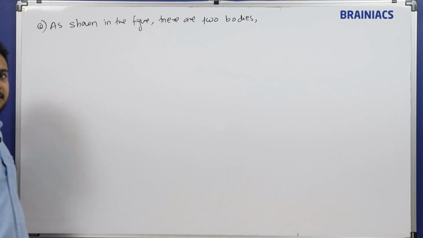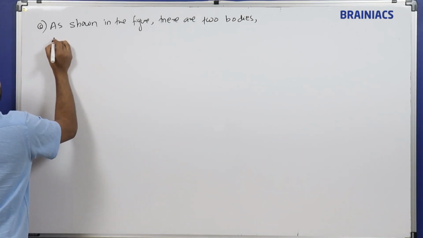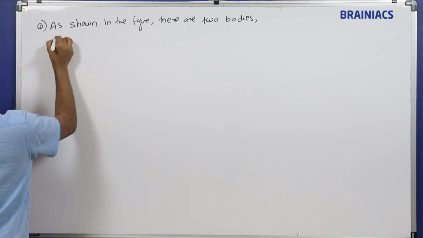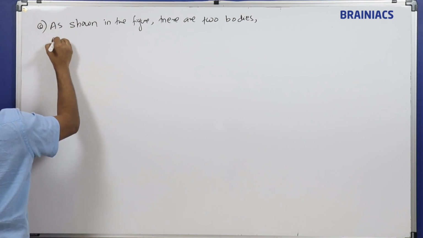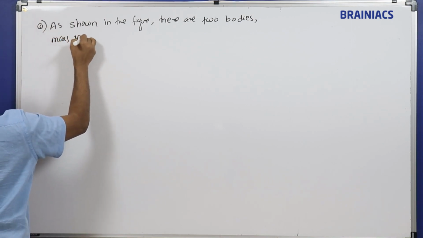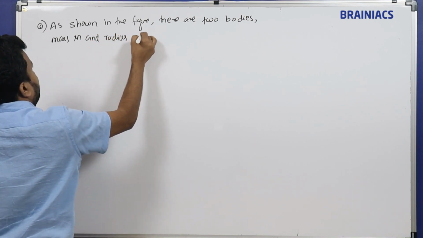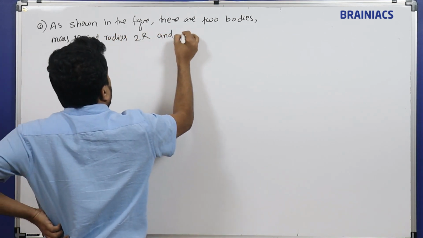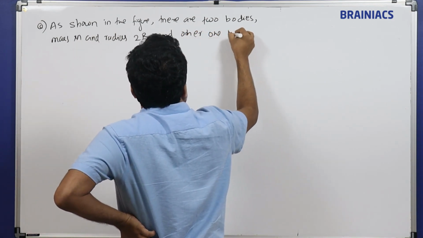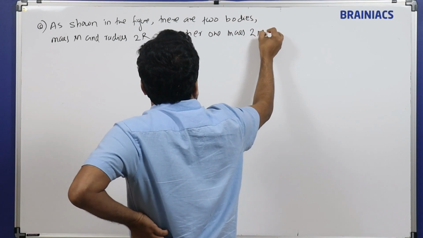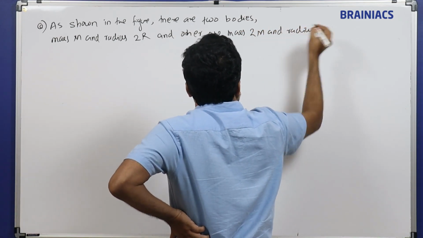One of mass M and radius 2r, and another one of mass 2m and radius r.